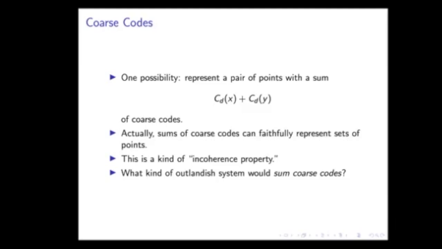And one more example of a code for which this is true: imagine that CD were the symmetric tensor power. Then this is an algebraic geometry fact, that a set of points is encoded by the sum of symmetric tensor powers of sufficiently high degree. So just another connection to throw in there.